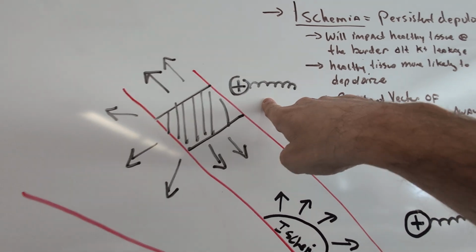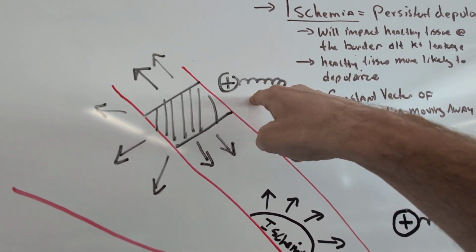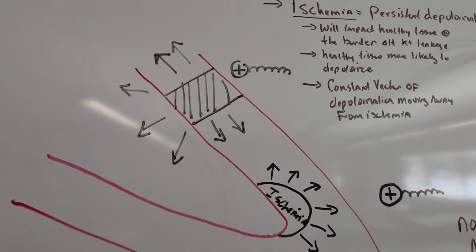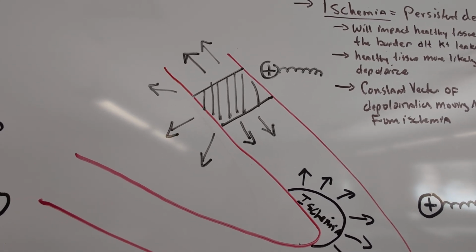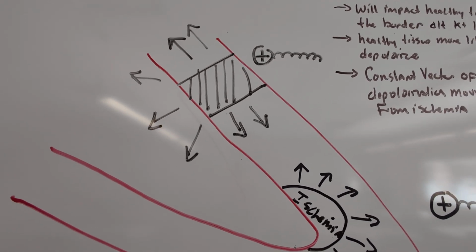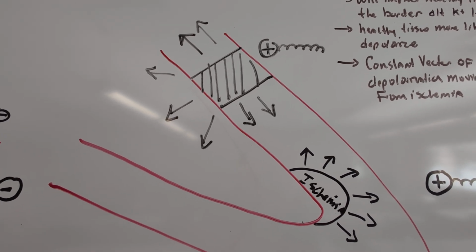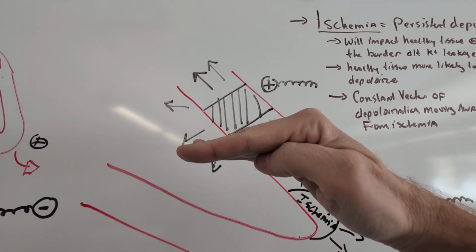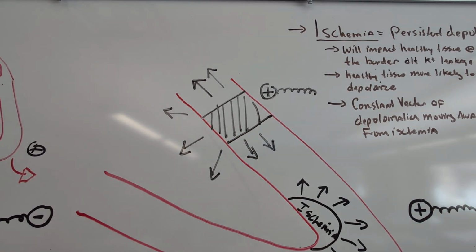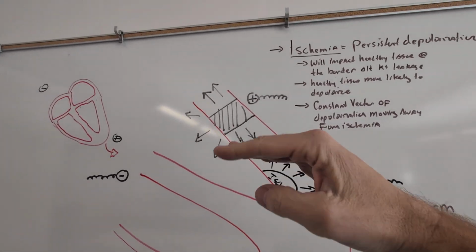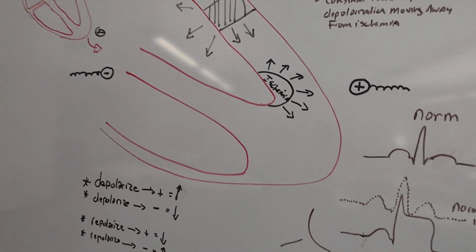And on the ECG, when you have a signal that moves away from the positive electrode, that's going to manifest as negative deflection. And so essentially you have a constant negative deflection, and the isoelectric line on the ECG gets shifted downwards.